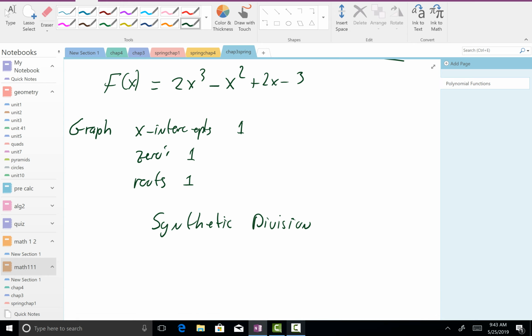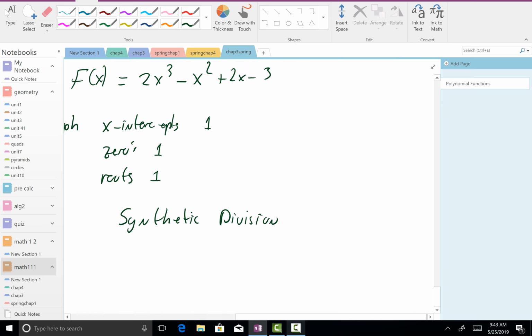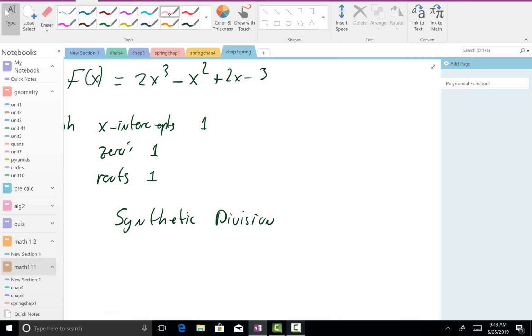Here's how synthetic division is going to work. We're going to take these coefficients: 2, -1, 2, and -3. And we're going to divide by the number 1. Dan says that is an x-intercept. So I put this little thing here and divide by 1.